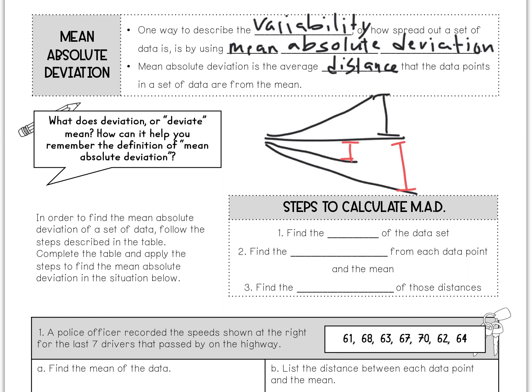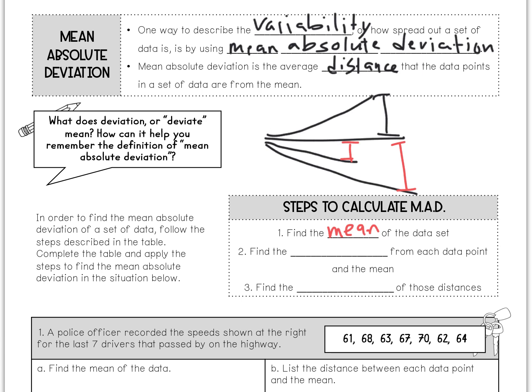So first thing we have to do is find the mean of the data set. Now, on the board to the left, I've defined that. But does anyone know what a mean is? How do I find the mean? Add it all up and then divide it by how many numbers there are. Good.